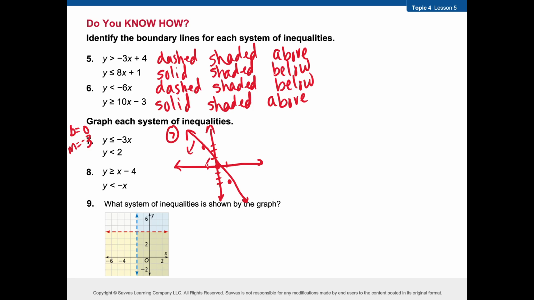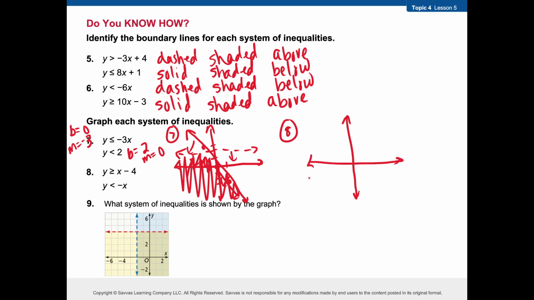Oops, let's pretend it's going through my points. Less than, shaded below. y is less than 2. My y-intercept is a 2. My slope is a 0. That is a dashed horizontal line going through 2, less than. So the 2 arrows meet right in here.